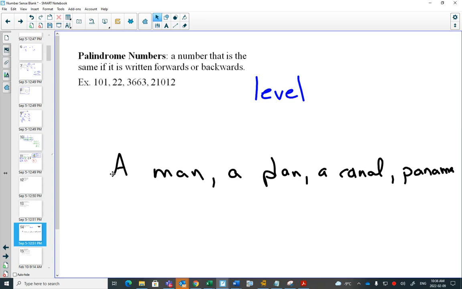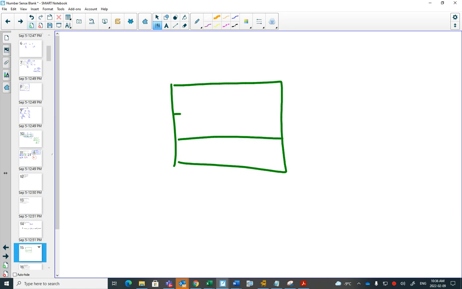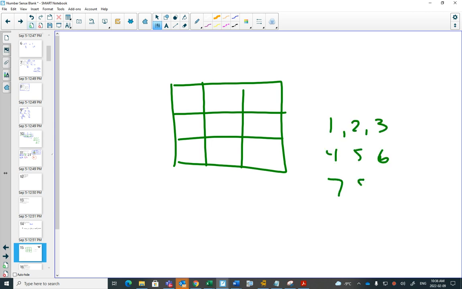Okay. Next thing I was handing out, and I had it in my hand. Here it is. Oh. First, okay, before I hand it out, I have a puzzle for you. Here's your puzzle. You have the numbers. You were allowed the numbers 1, 2, 3, 4, 5, 6, 7, 8, 9. 1 to 9.